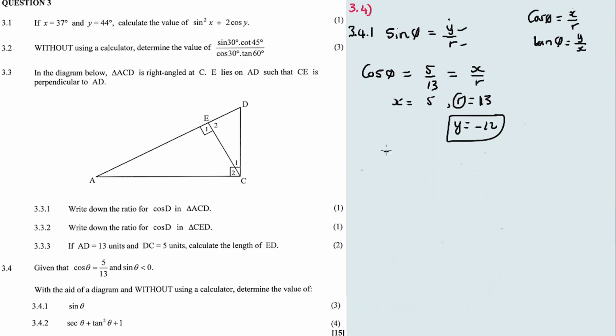So therefore now we can calculate sin theta equal to y over r, which is minus 12 over 13, right? Sometimes you will find that they give you sine instead of cos, so you will have y and r, then you must calculate x, but when you calculate this x it will come out as plus or minus because of the square root.